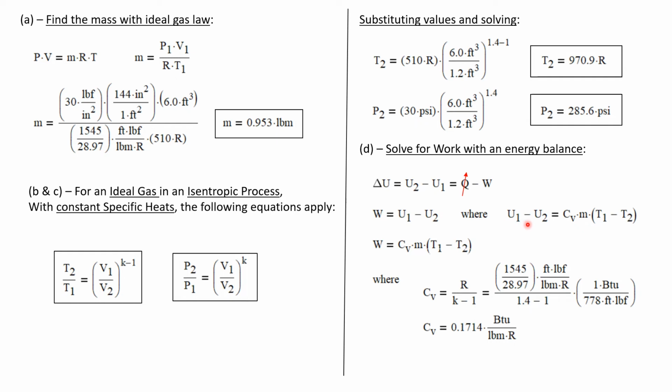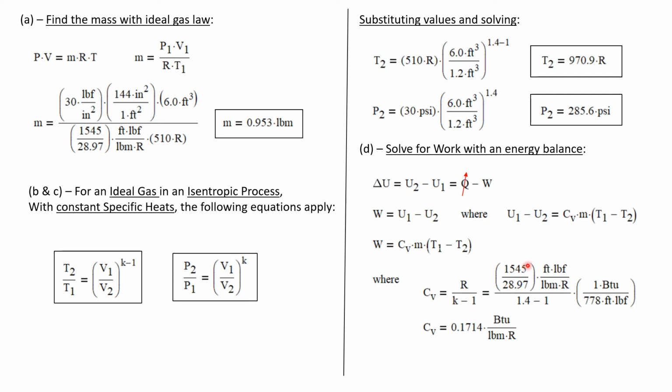But U1 minus U2 can be written with constant specific heats for an ideal gas as C sub V times the mass times T1 minus T2. Therefore, the work is equal to C sub V times the mass times T1 minus T2. Well, I need to calculate C sub V. C sub V for an ideal gas is just the gas constant divided by K minus 1.